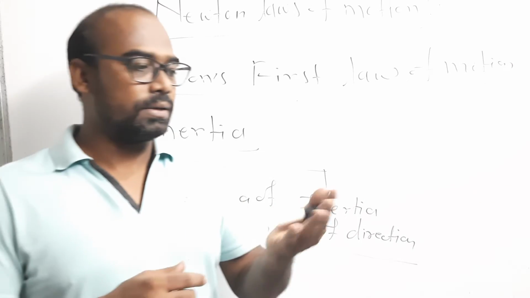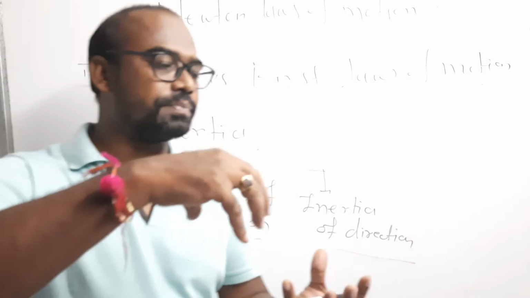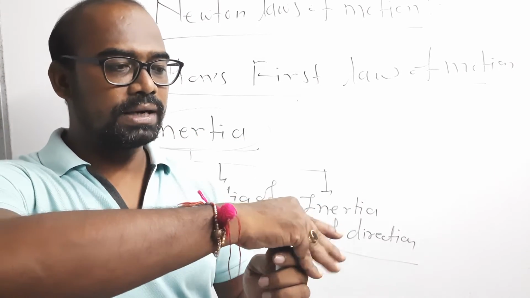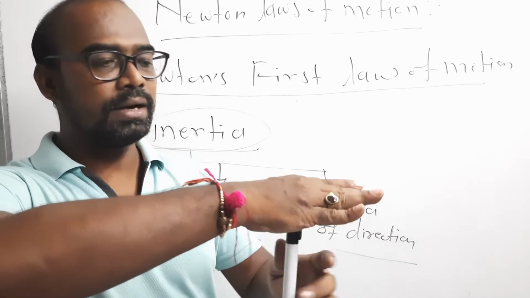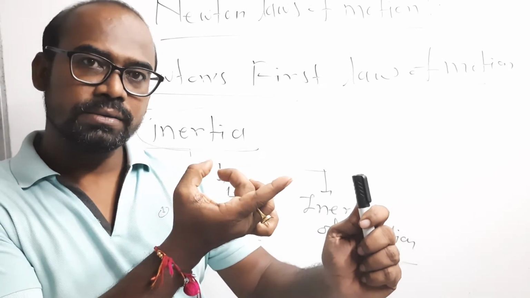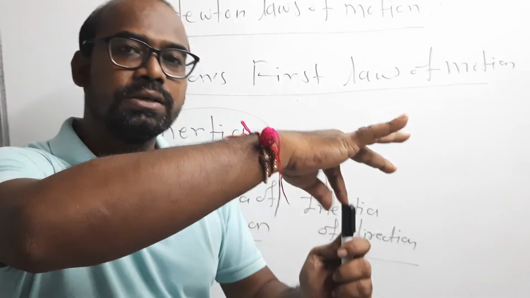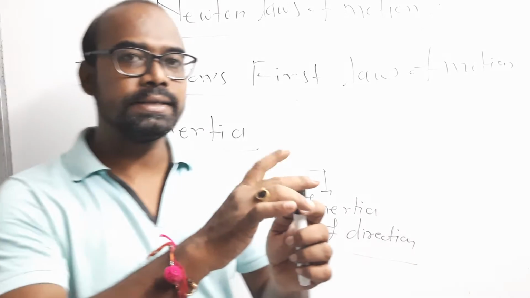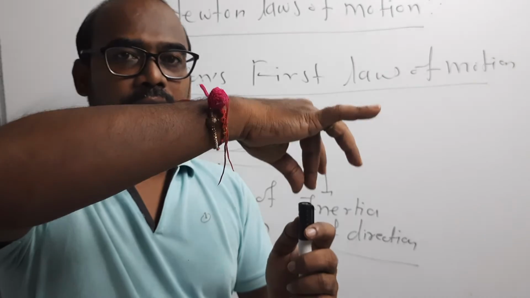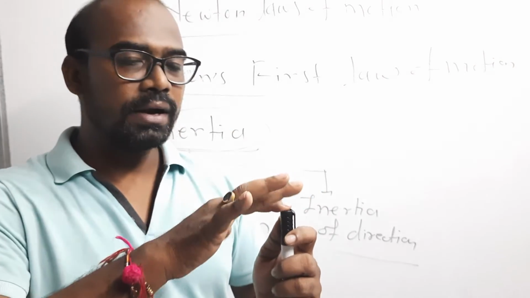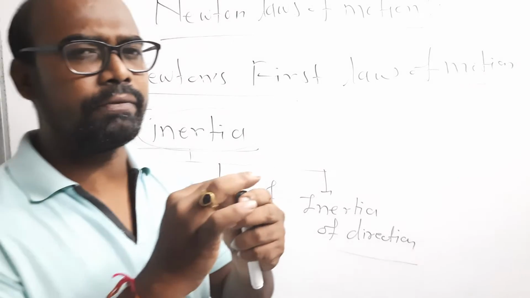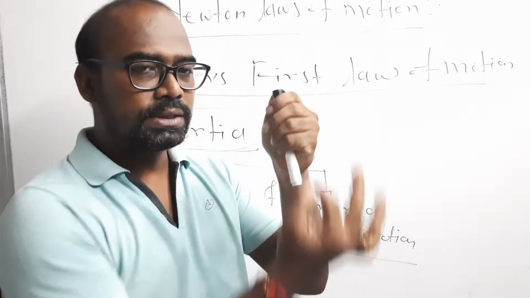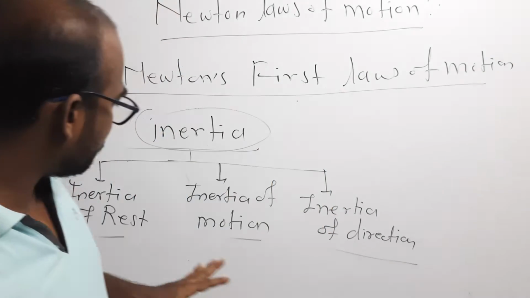Maybe you have learned the glass example. Suppose on this glass I kept one card, and on that card I kept one coin. When I apply force on that card, the coin falls down into the glass, right? Why does this happen? Because the coin has very little friction with the card, so when I applied a force on the card, the card moves forward but the coin falls down. That is also an example of inertia of rest.